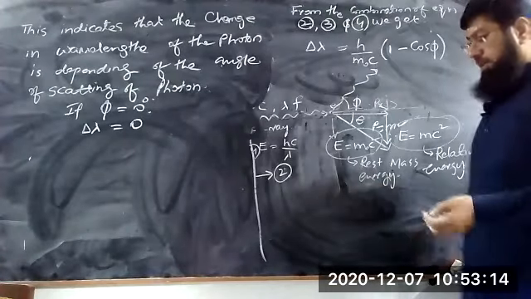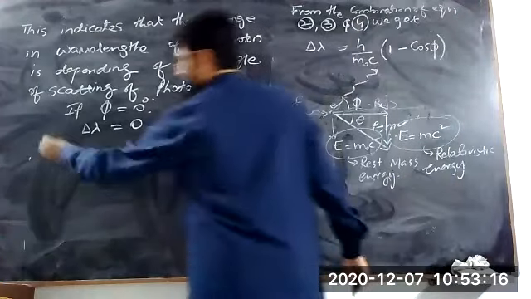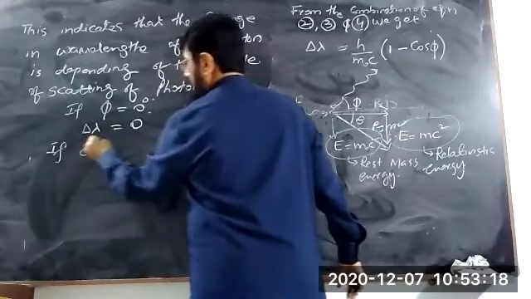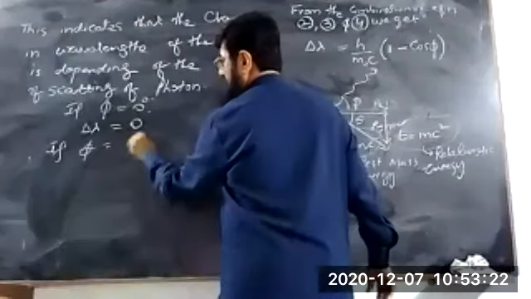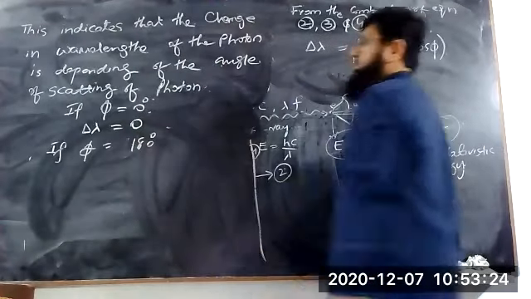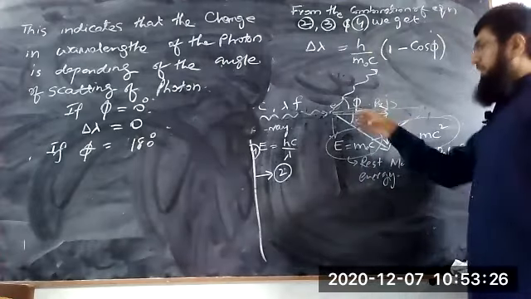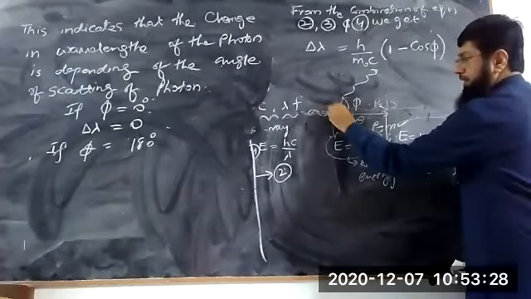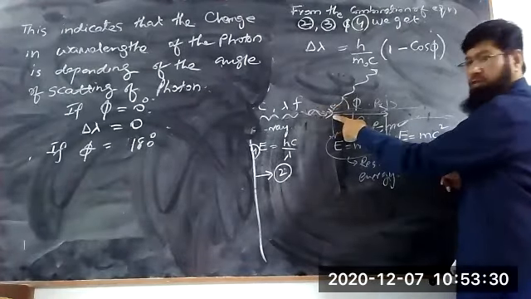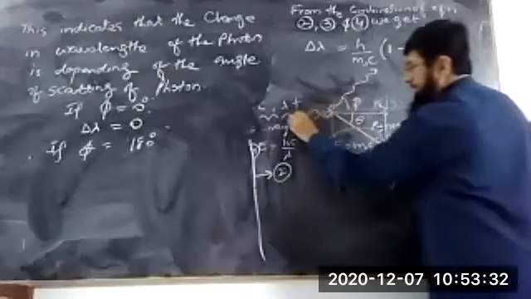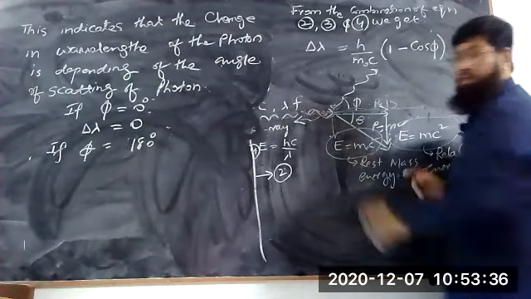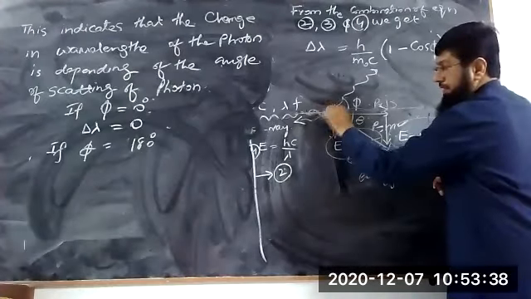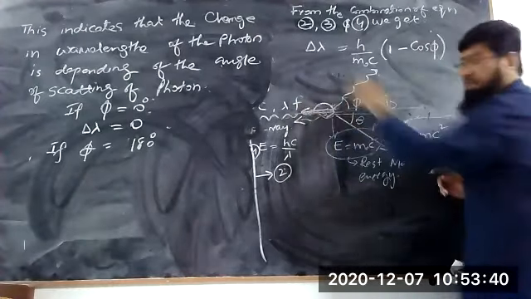So here, if phi is equal to, let's say, 180 degrees, it means the photon is striking the electron, and as a result the photon returns back. The returning angle is 180 degrees.